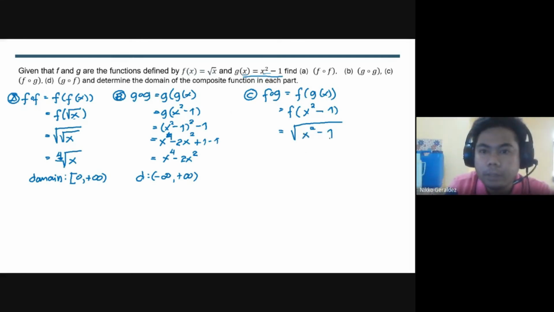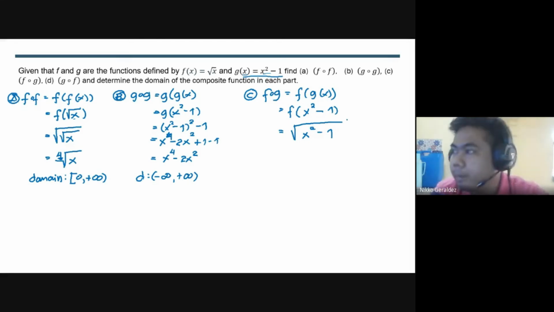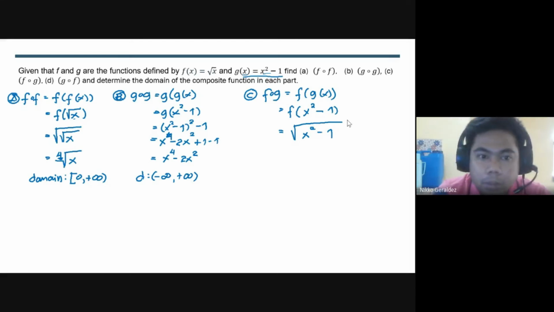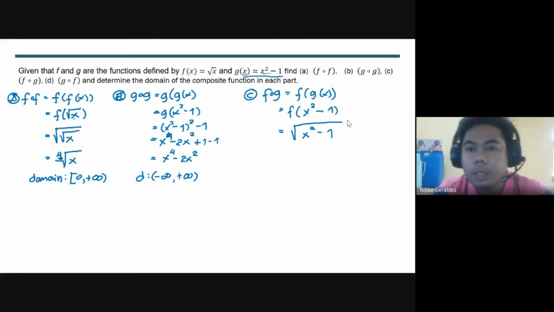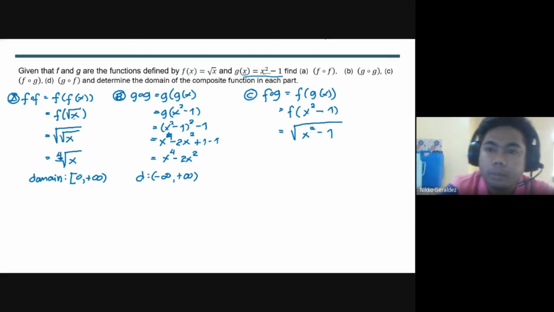What is the domain? You have x squared minus 1 inside the radicand. What do we do? Solve for x, then test the intervals.